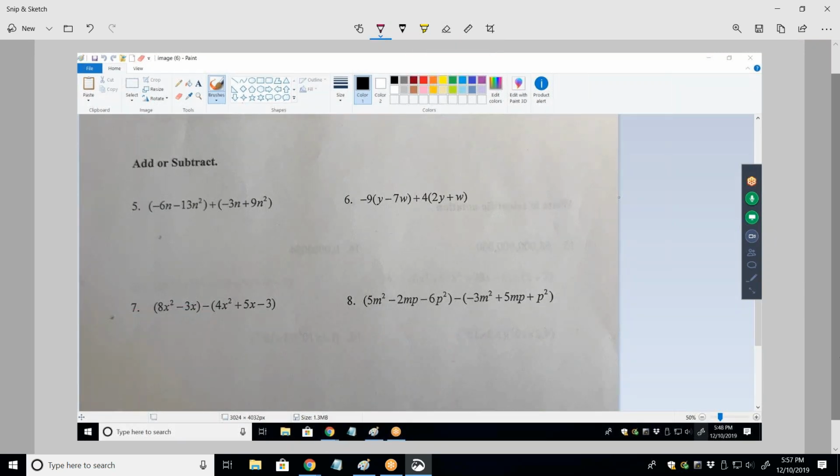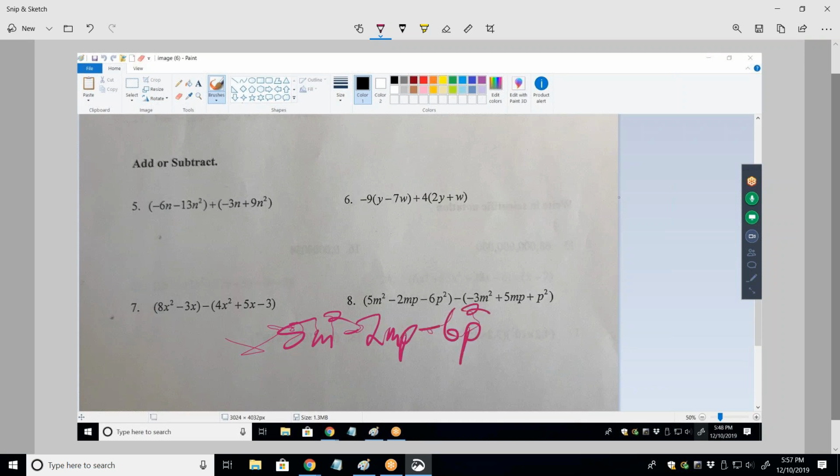And finally, number 8. Number 8, again, is just remove the parentheses. And again, you can almost always remove the first set of parentheses without doing anything. So 5m squared minus 2mp minus 6p squared.